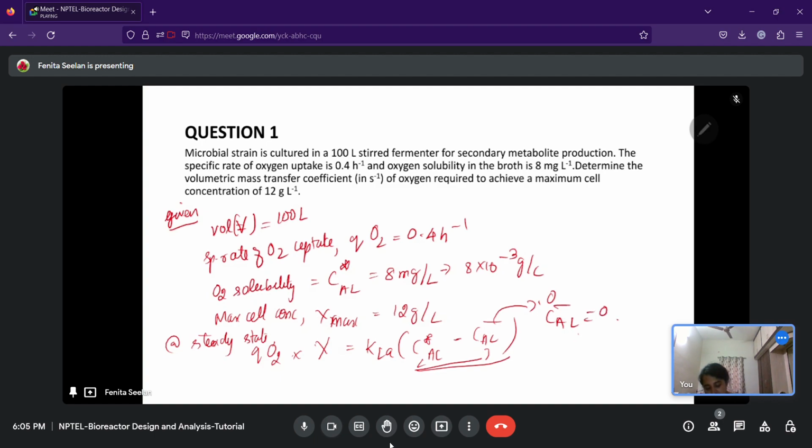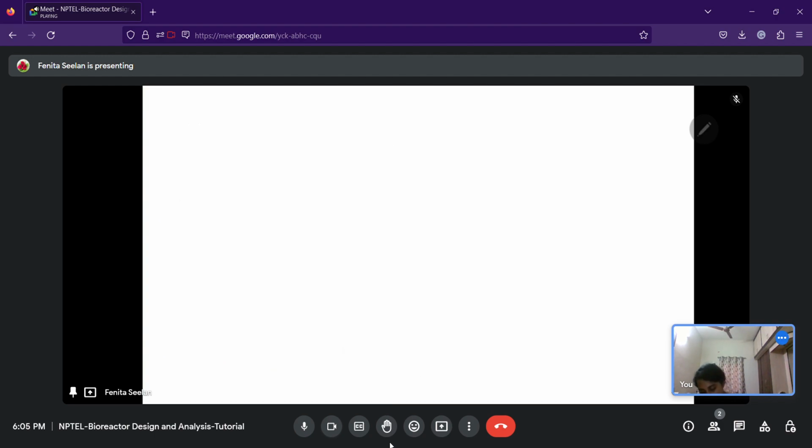So if we substitute CAL equal to 0 in this equation, it becomes QO2 into X max equal to KLa into C star.